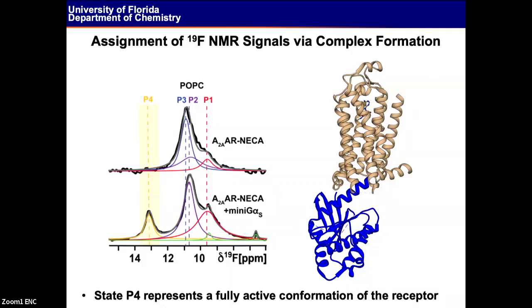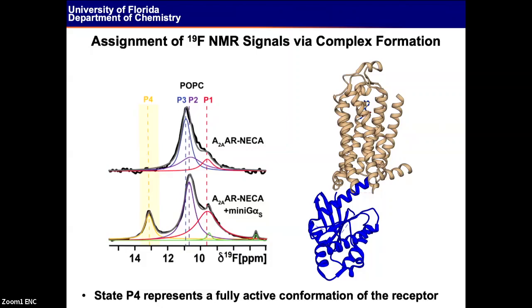The apo receptor data on its own look like you have an inactive, antagonist-bound protein. And if you add the mini-G here, you don't really see much of an increase in that population either. So it also looks like an inactive receptor. You don't see any P4 with just the G protein. Right, yeah, thanks. And that may be specific to this receptor also because of its low basal activity.